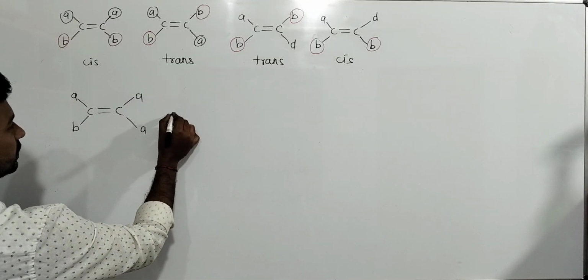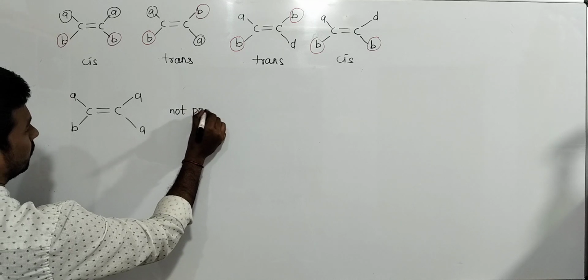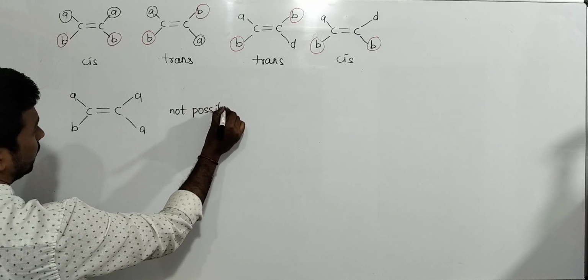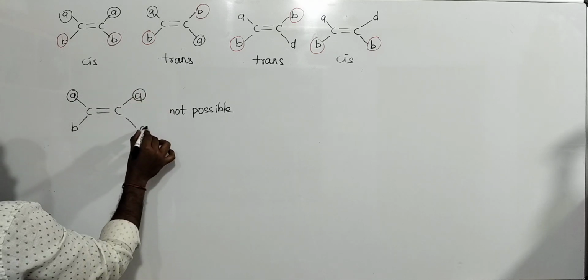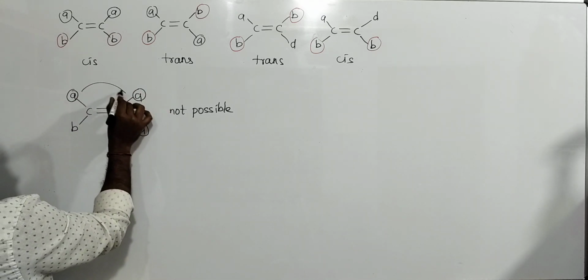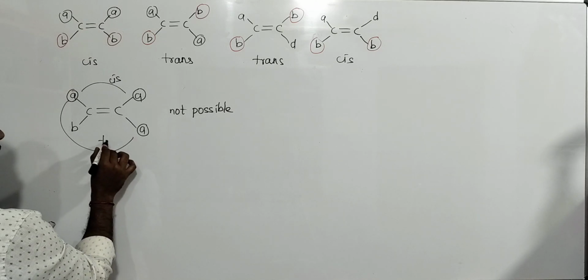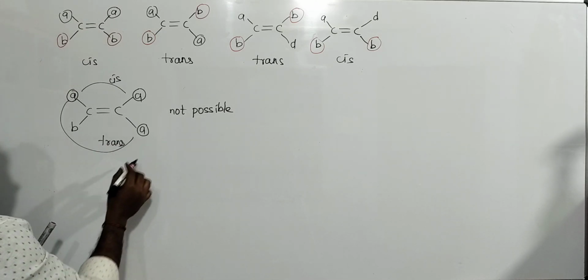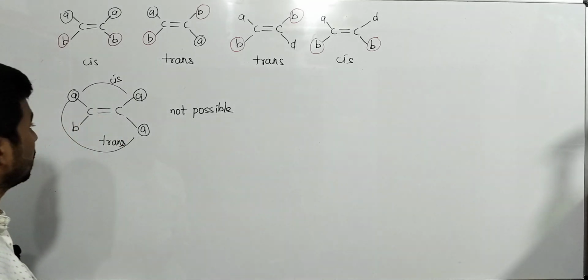Geometrical isomerism, cis-trans, not possible. Why? Here, how many similar groups? A. With respect to this one, cis, and with respect to this one, trans. Both are present, so in this case geometrical isomerism is not possible. Okay, next.